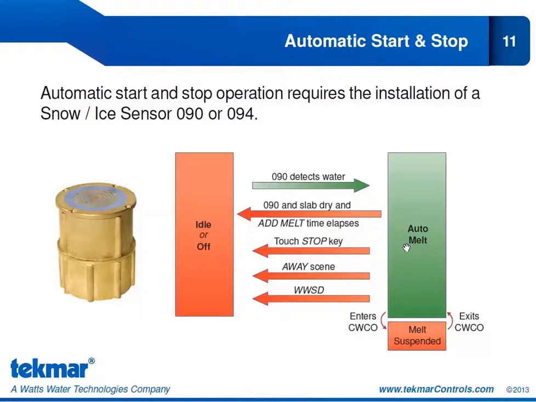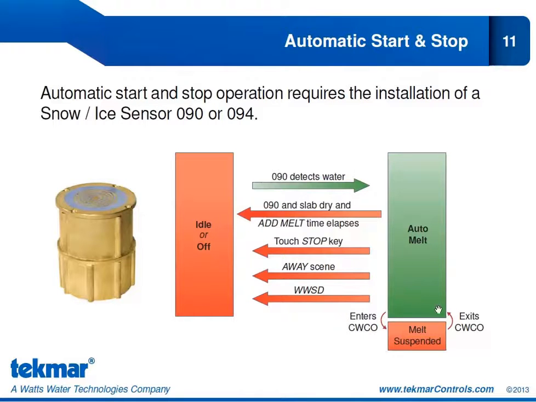We can do so by touching the stop key and forcing it out of that melt cycle. We can do so by using the away scene. That will also stop the melt cycle. And if the ambient temperature rises above our warm weather shutdown setting, that is also a way to return to the idle or off state.